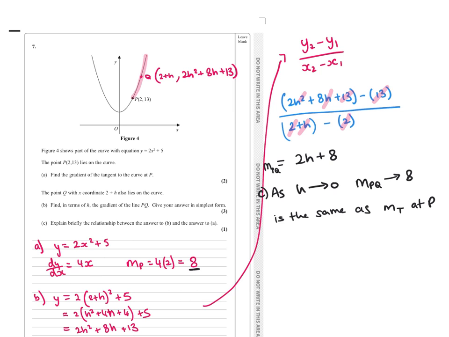Okay, if we check the mark scheme, yeah, we do need to at least write a limit, and we do need to connect A and B together, which is great.